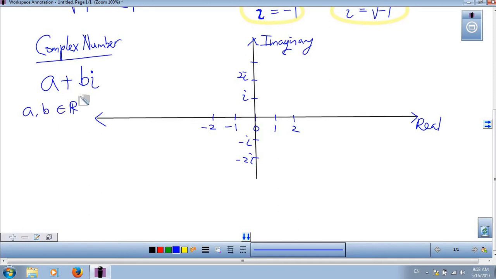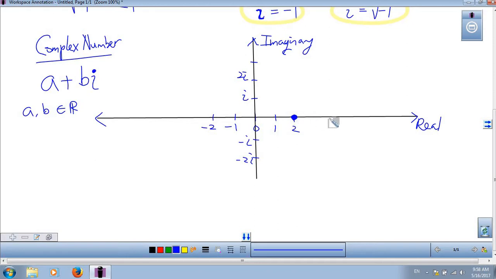Once b is multiplied by the imaginary unit I, it becomes an imaginary number. A complex number can consist of numbers that are purely real, purely imaginary, or a combination of both. For example, this is 2, 0, which is 2 plus 0i, which is 2.